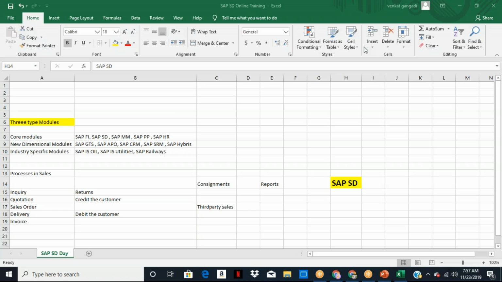So at each and every point of time, the SD module has to be communicated, linked, and integrated with other areas of the organization. That is called integration.